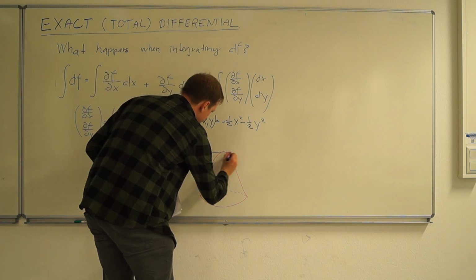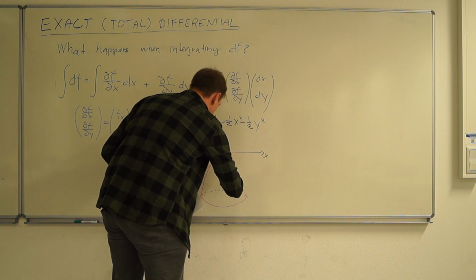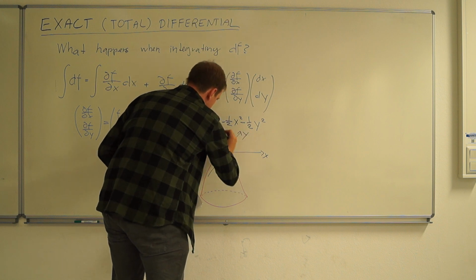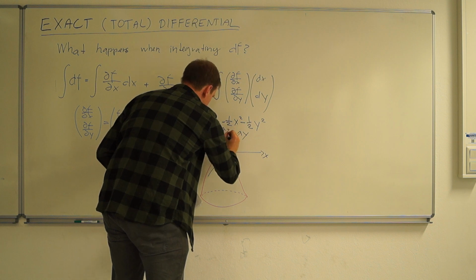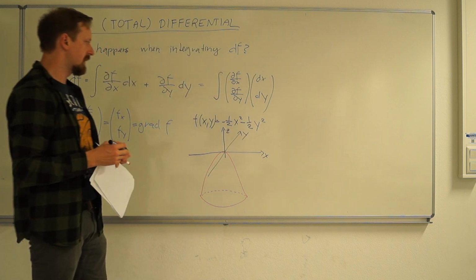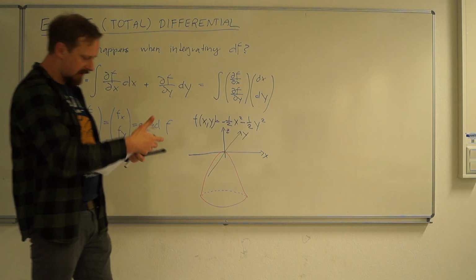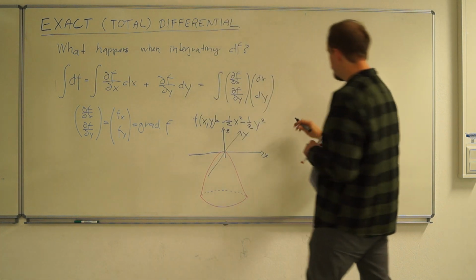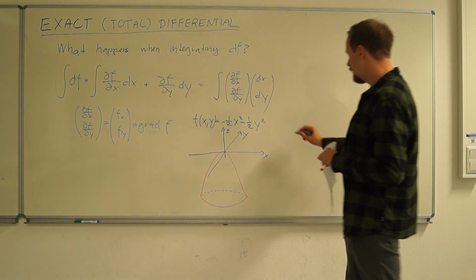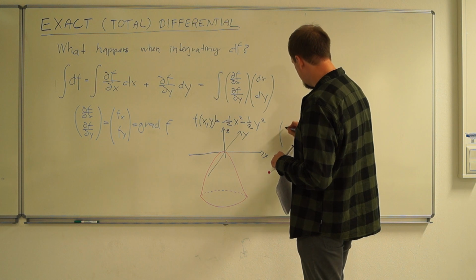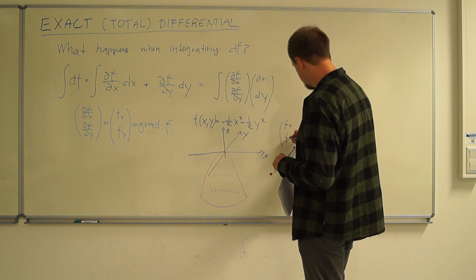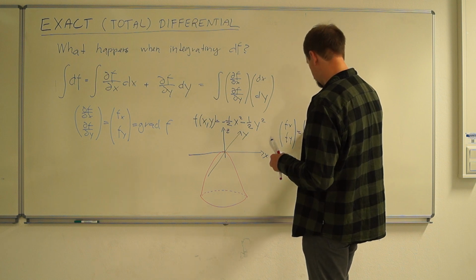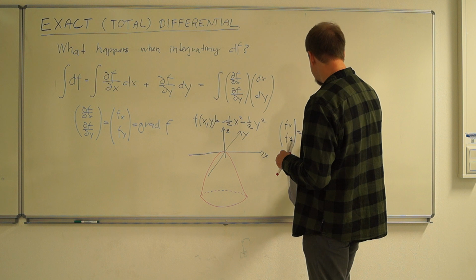Here would be the x-axis, here would be the y-axis, and the z-axis goes in this direction. The top of this curve is at the 0, 0 point. Now let's calculate the gradient. What does the gradient of this function look like? It is minus x and minus y.